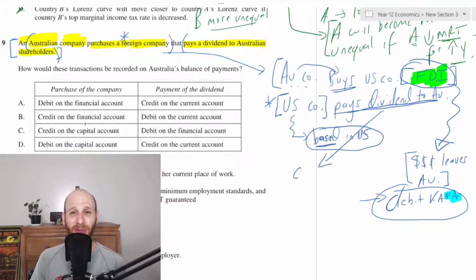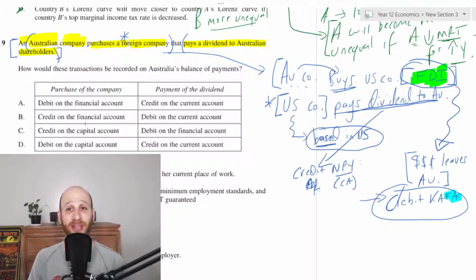That's an inflow. NPY, dividend coming in, recorded on the current account. Okay, so what I can do now is I can go over here. I think purchase of the company is the easier one to start with because I know that there's an outflow. So I can just get rid of these straight away because I know that the purchase of the company is money leaving Australia.